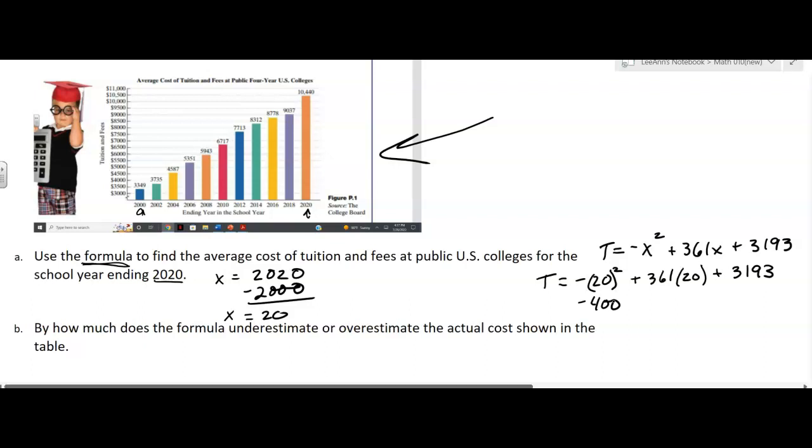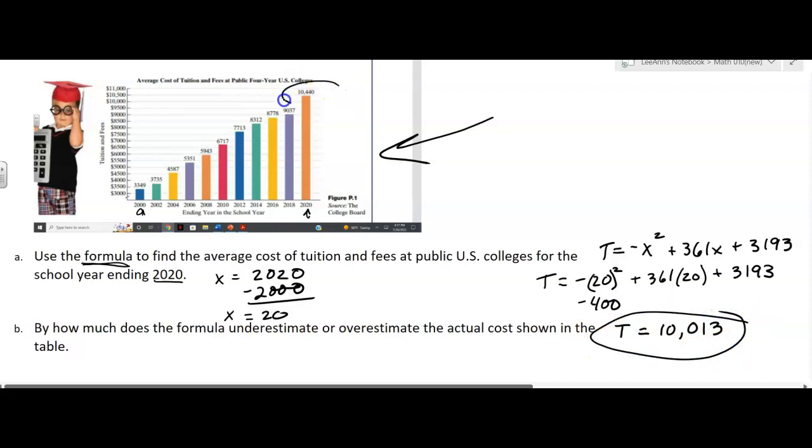Plus 361 times 20. Your calculators know the order of operations generally. Plus 3,193. And yeah, I think I've got everything in my calculator okay. So I'm getting 10,013 for T.